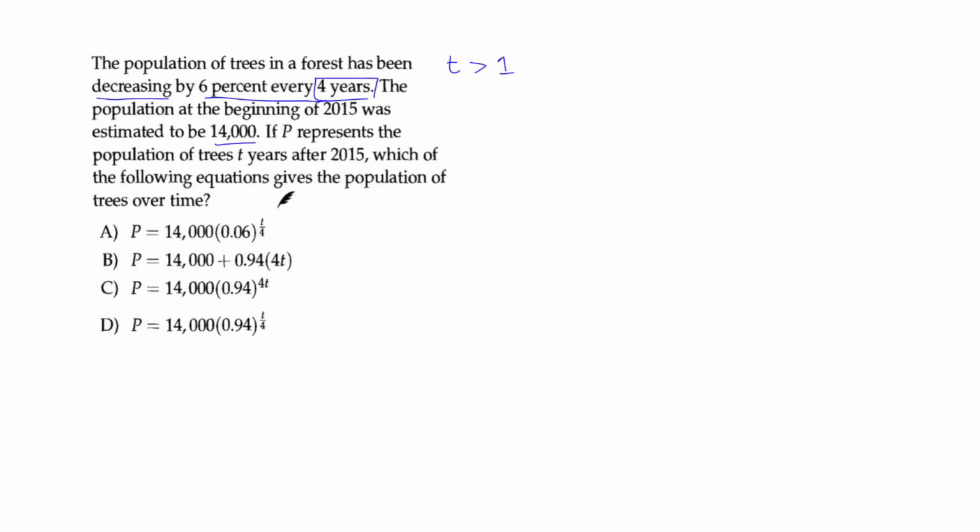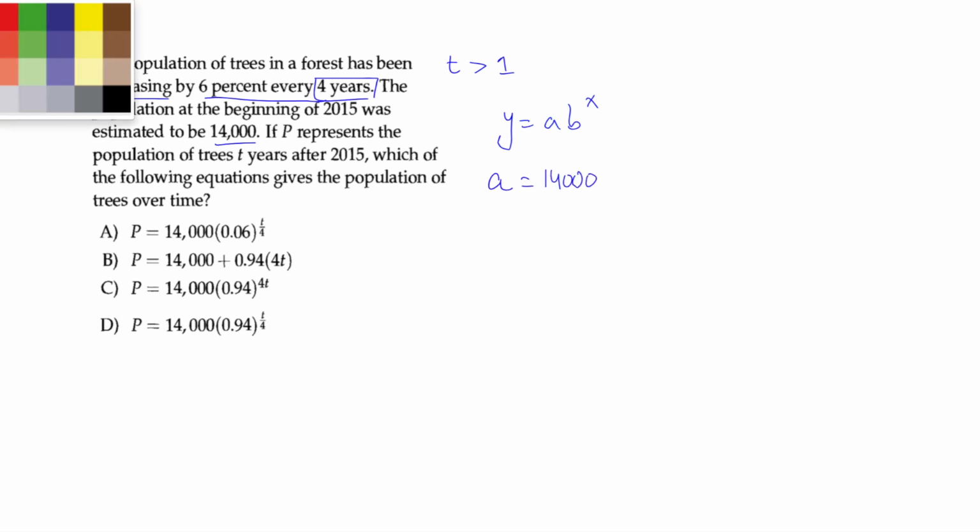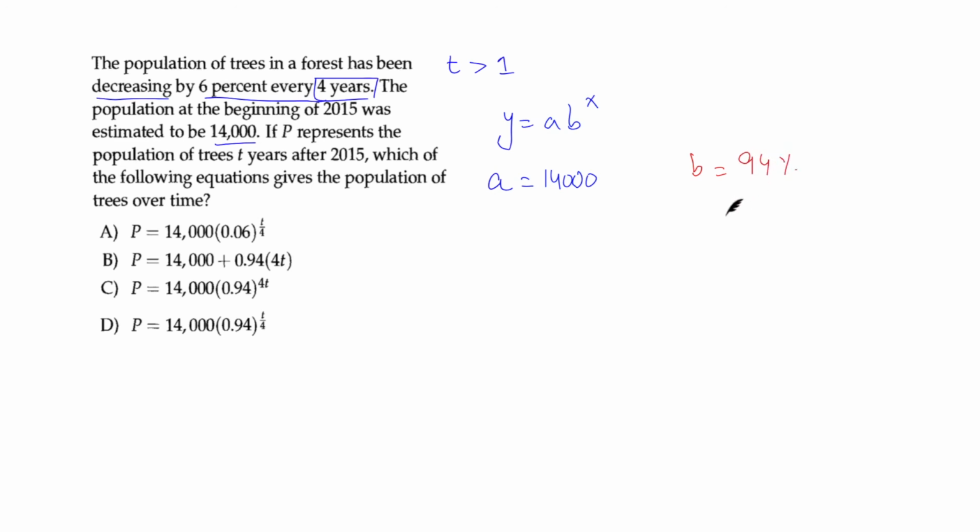So our equation is y equals ab raised to power x. We have our initial count, that is 14,000. What's the value of b? It basically decreases by 6% every 4 years. So the remaining is basically 94%, and we always take this value, which is 0.94.